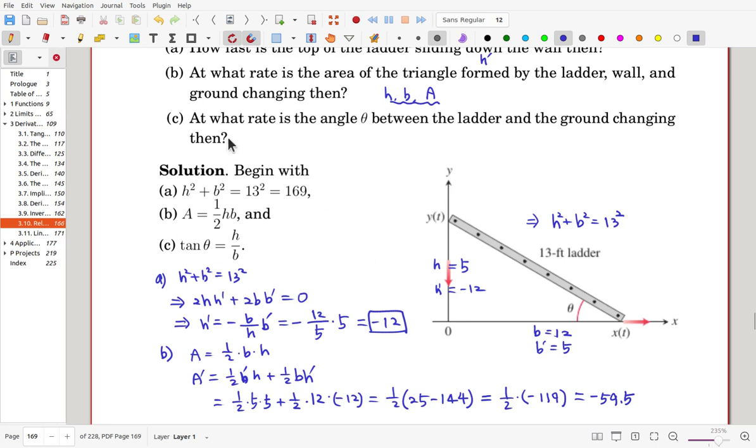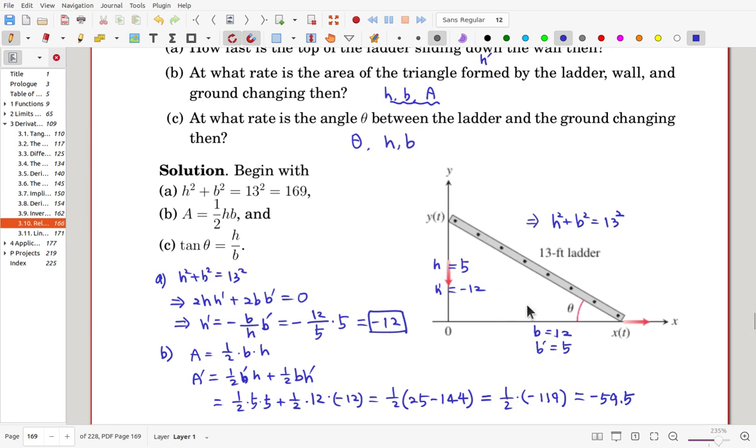Now we'll go to the final part. At what rate is the angle theta between the ladder and the ground changing then? Theta is a new variable. Our earlier variables are h and b.